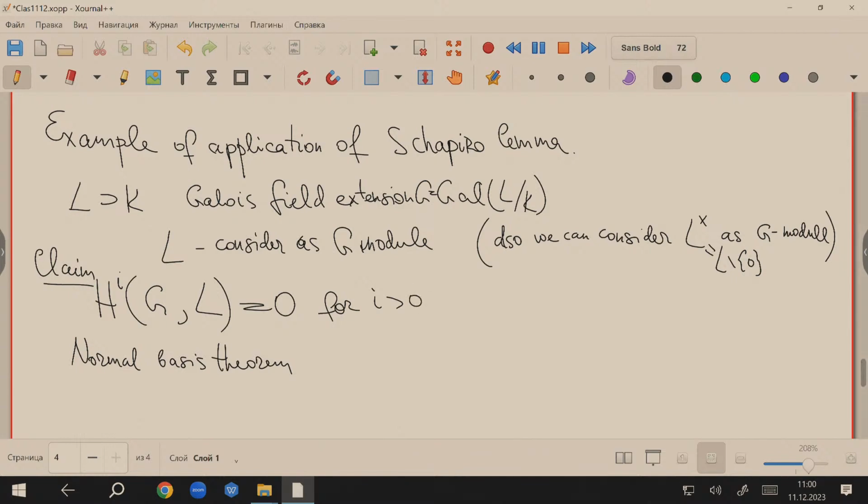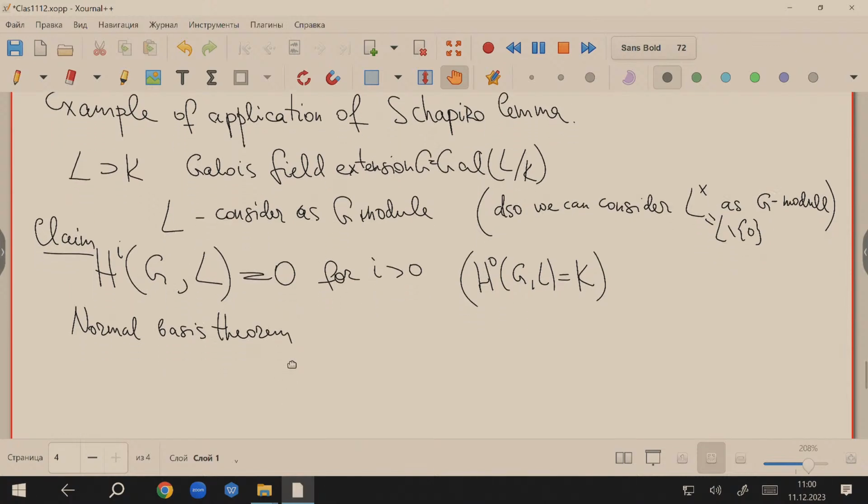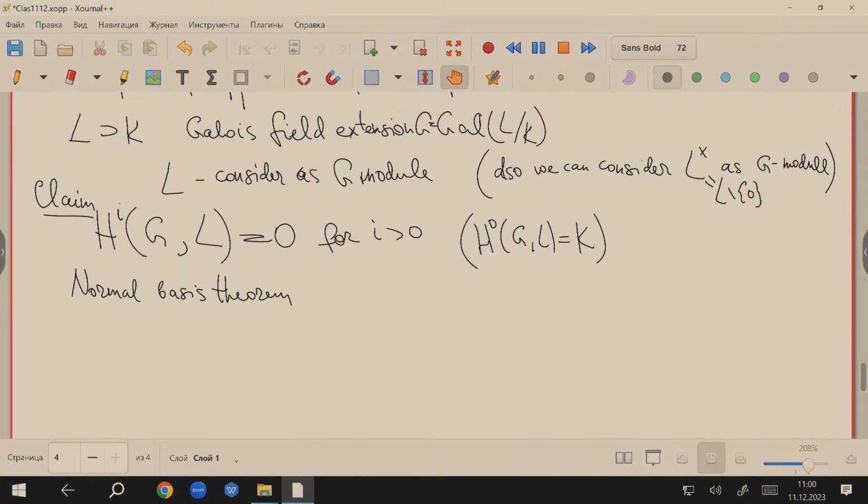For i equal to 0, you just take invariants, and the invariants are just the subfield K. So H0 of G with coefficients in L is just the initial field K. Then we shall introduce non-abelian cohomology, prove that the first one is trivial, and that will allow us to prove the normal basis theorem.